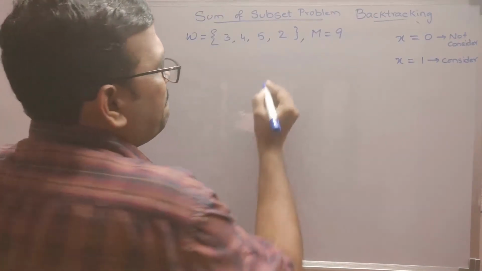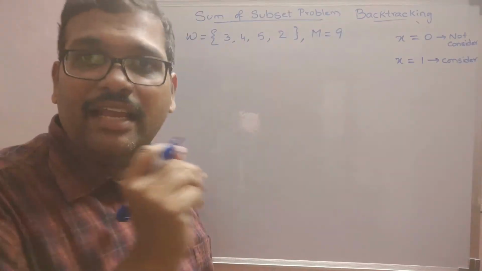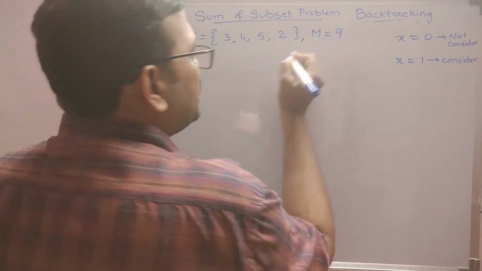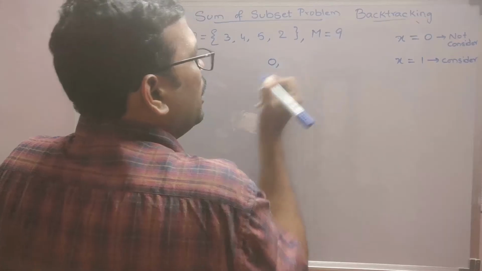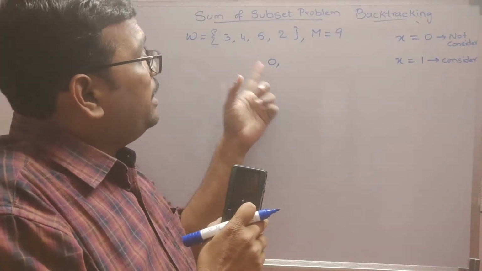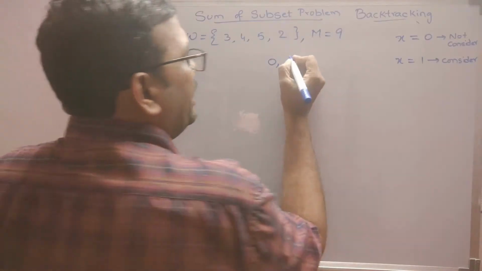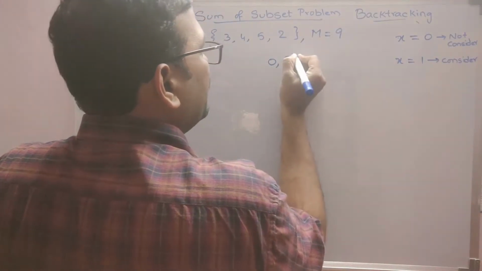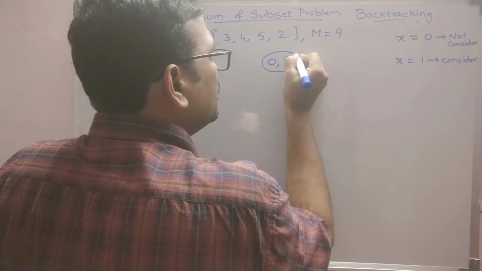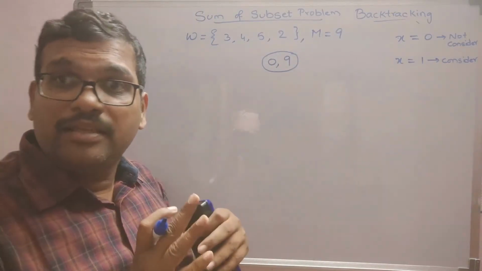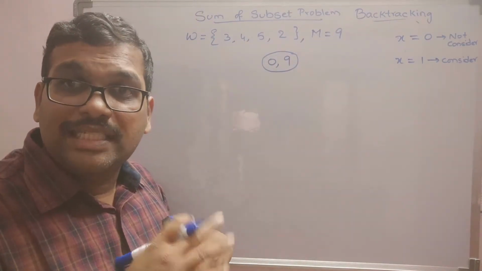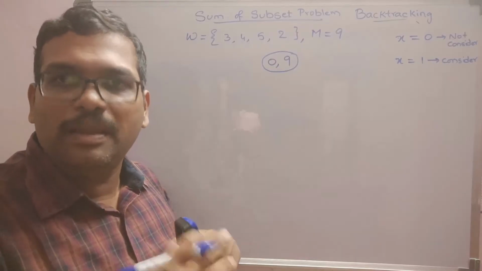That means with consideration and without consideration, we need to find out the state space tree. First let us take the sum as 0, and the weight, the required sum, is 9. So this is the root, that means a subset with 0 elements.